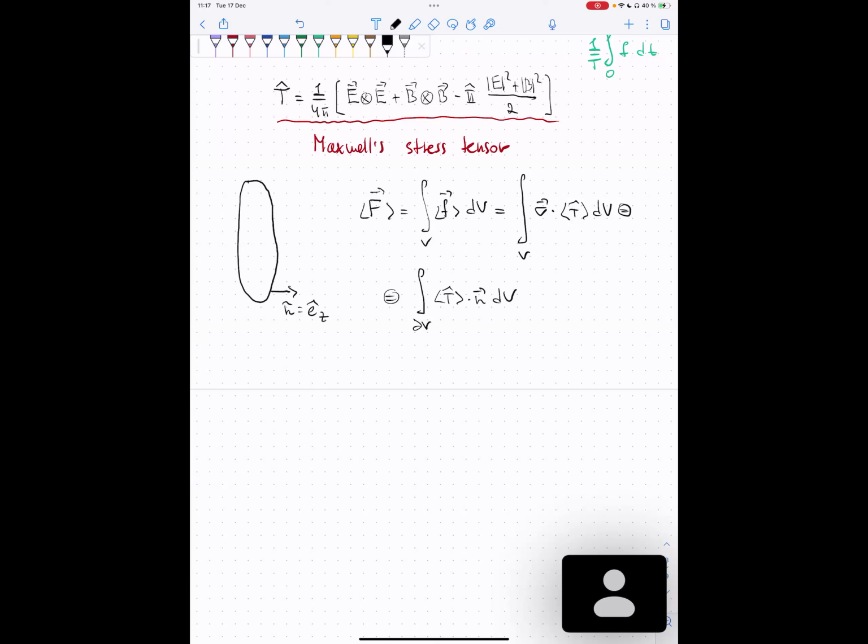On this part of the cylinder, the electric field at the surface is just the incident electric field plus the reflected electric field here. For example, this is like Z equals 0, just for simplicity.